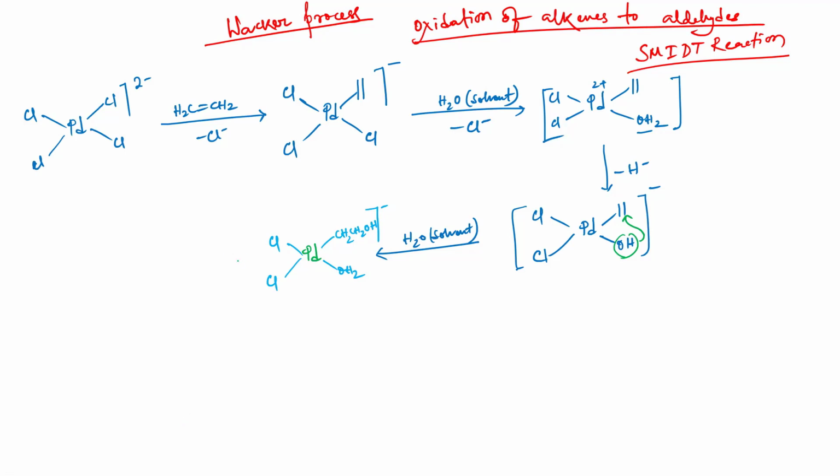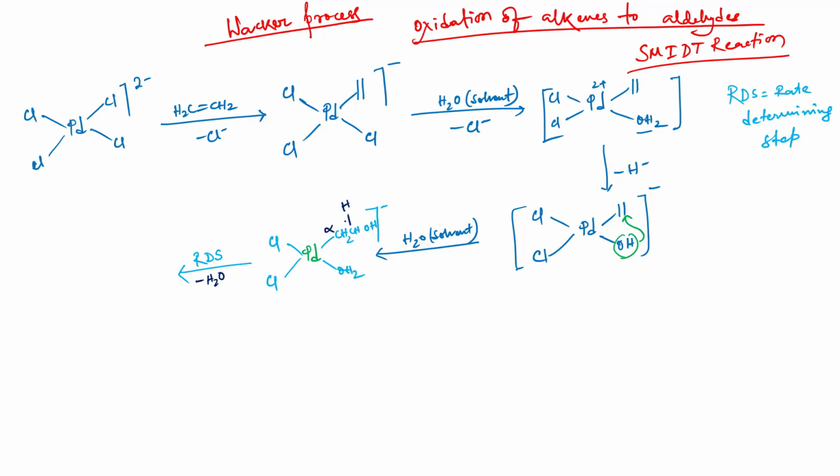Okay, now the next step, this is the RDS, or RDS means rate determining step. What will happen? This water molecule will be liberated, and along with this liberation of water molecule, see here the CH to CH2 linkage, we can put one proton here.